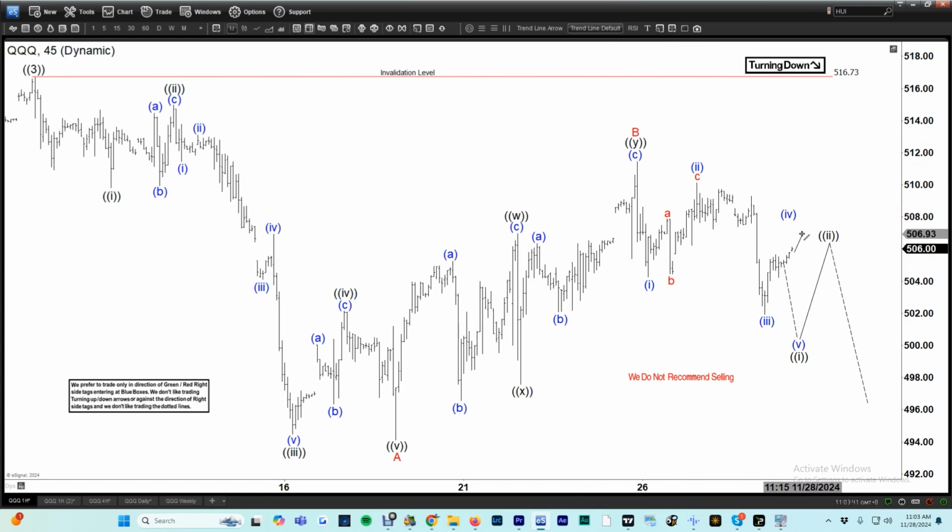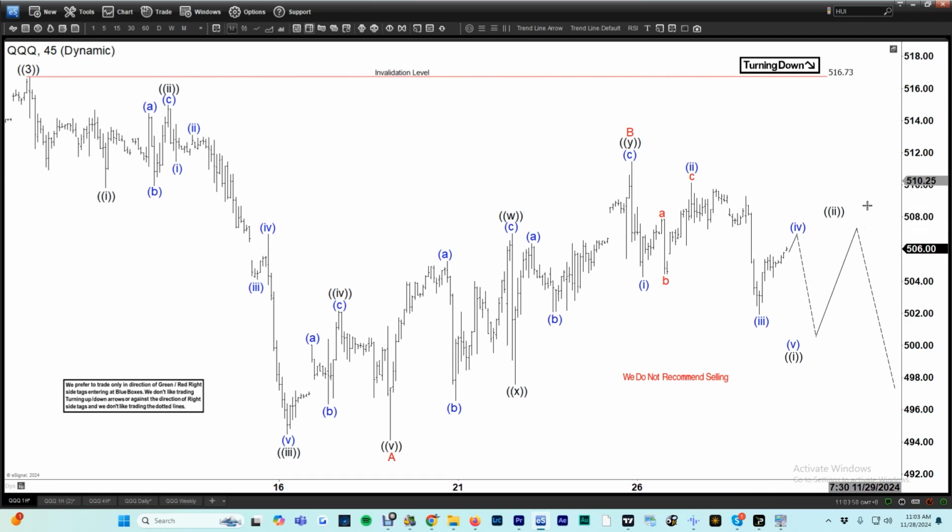If I only look at the QQQ without looking at the entire market, then what I'm explaining here makes sense. But when I start to look at the entire market and consider other US indices like the Dow, ES, Russell, you can start to see contradiction.